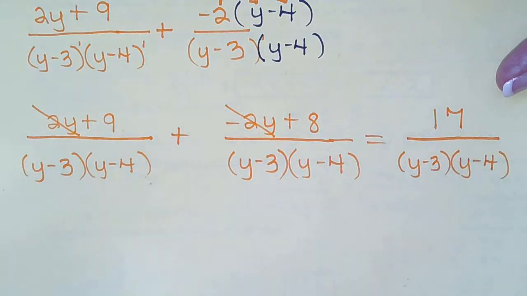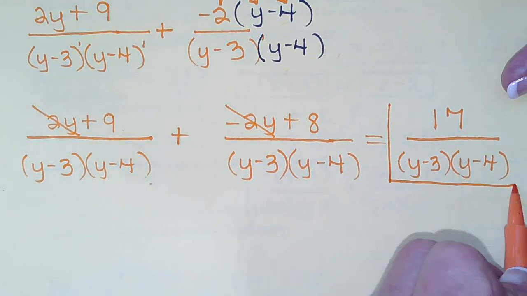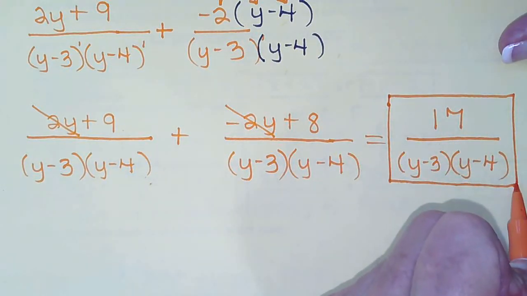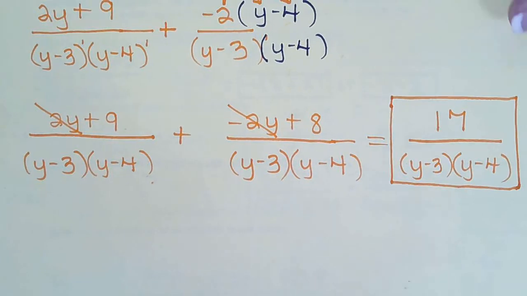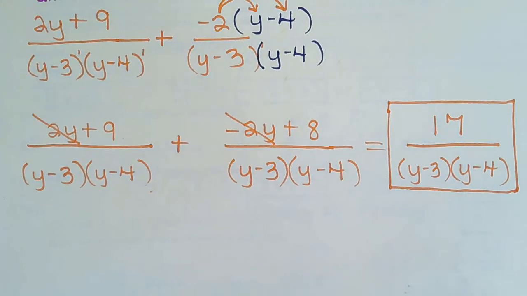So add and subtract the numerator and put it over the common denominator. So again, nice and easy. Not bad at all, huh? And 17 doesn't factor, so I don't have to worry about simplifying. So that one was pretty sweet, huh?